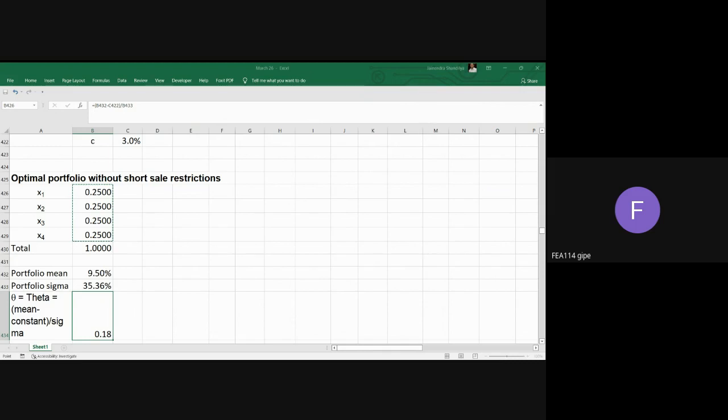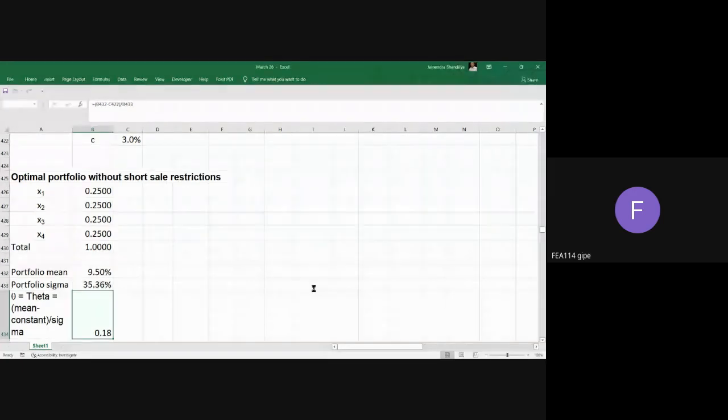Then we add a constraint: this should be equal to 1. And this we remove, and we ask solver to give us a solution.